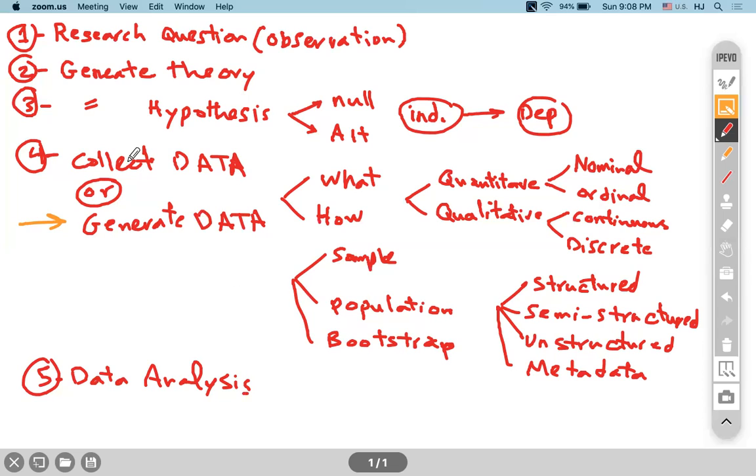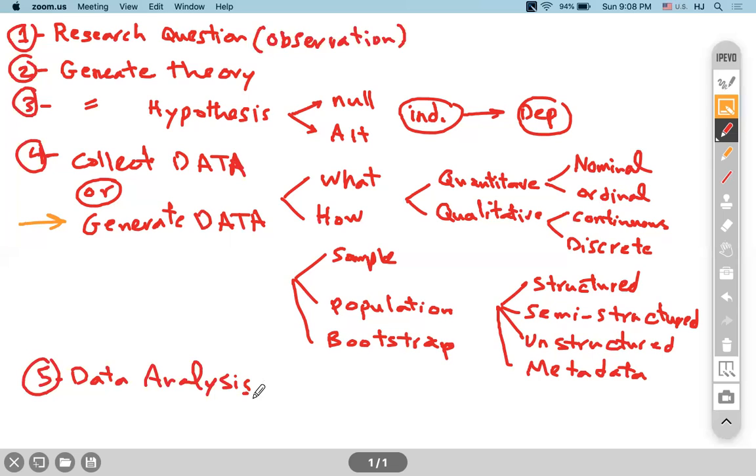Or sometimes we might have the data and try to figure out what to do with it. So we can start just from step number 4. We don't have any observation, theory or hypothesis in mind. We have the data and want to see what we can do with it. This could be another route which we can follow.